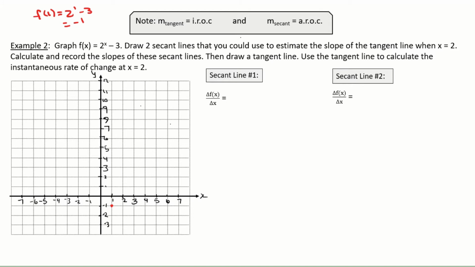One important part for you to remember is that minus 3 value right here, that is your horizontal asymptote. So you need to get your ruler and draw a horizontal asymptote straight across at the y value of negative 3.